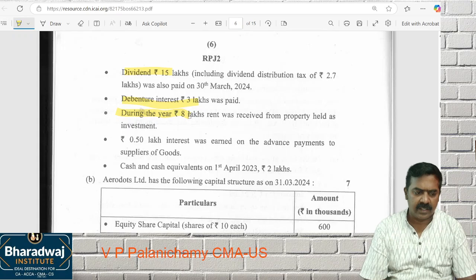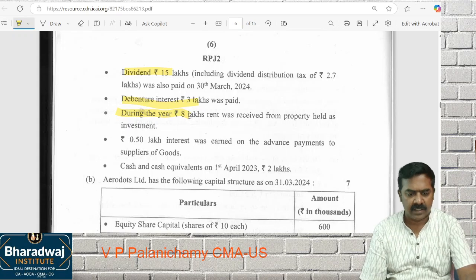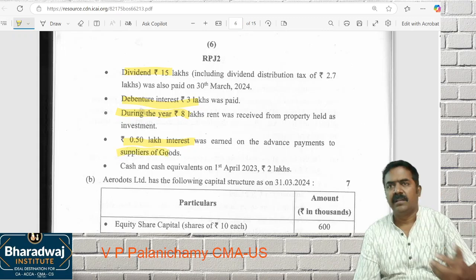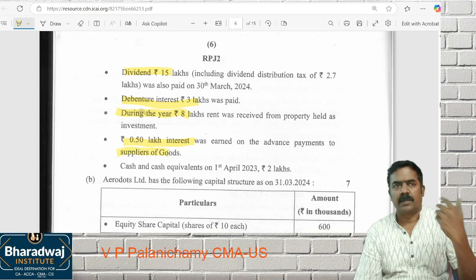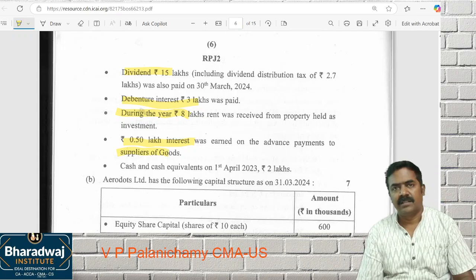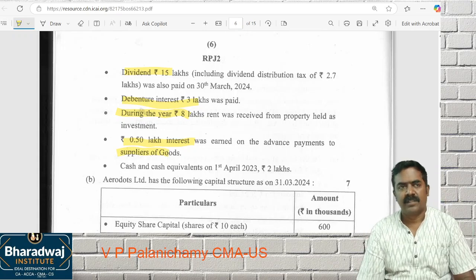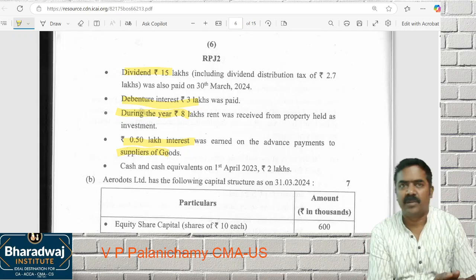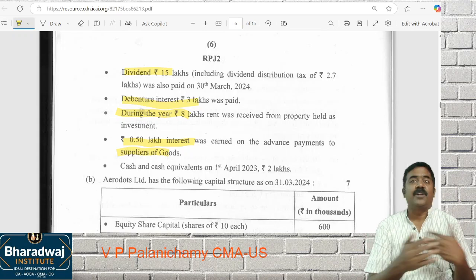Investment activity. What about this interest earned on advance money paid to supplier of goods? We paid advance money to the supplier of goods. We got this interest. Charging interest to customers or collecting interest on advance payment, that is part of your operating activity.